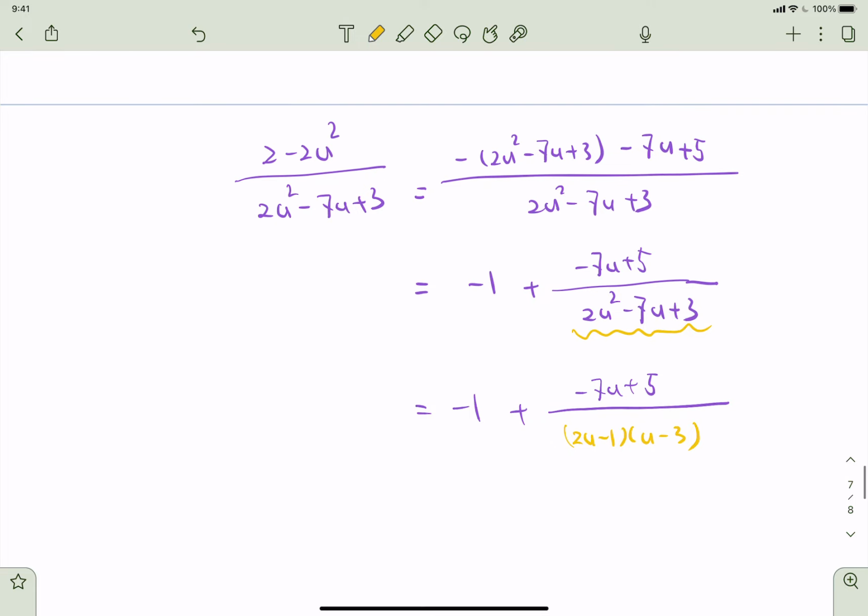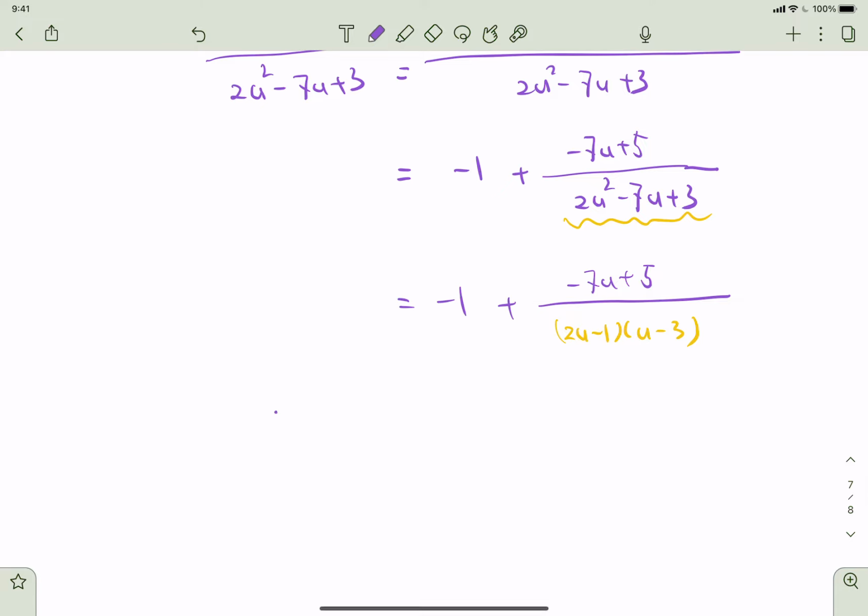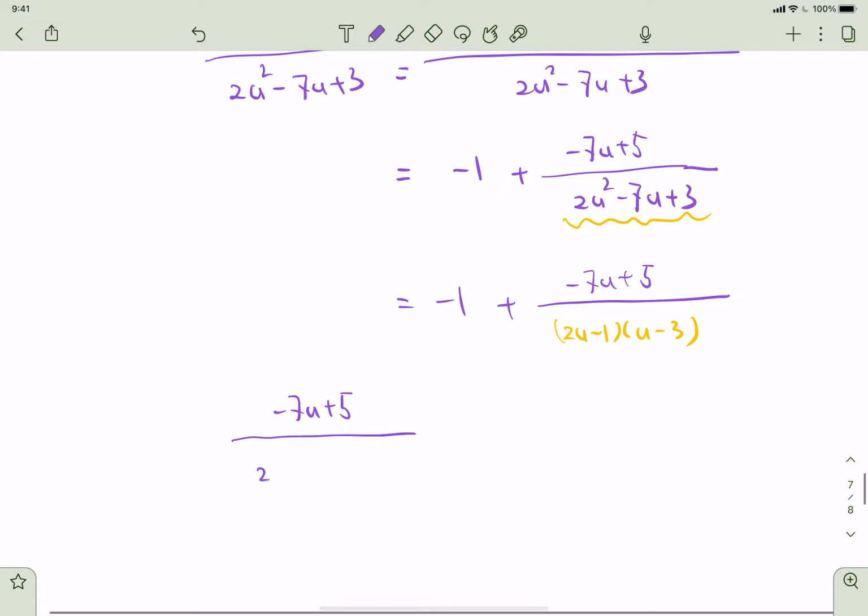After this, I am able to do the decomposition: negative 7u plus 5 divided by 2u minus 1 times u minus 3.